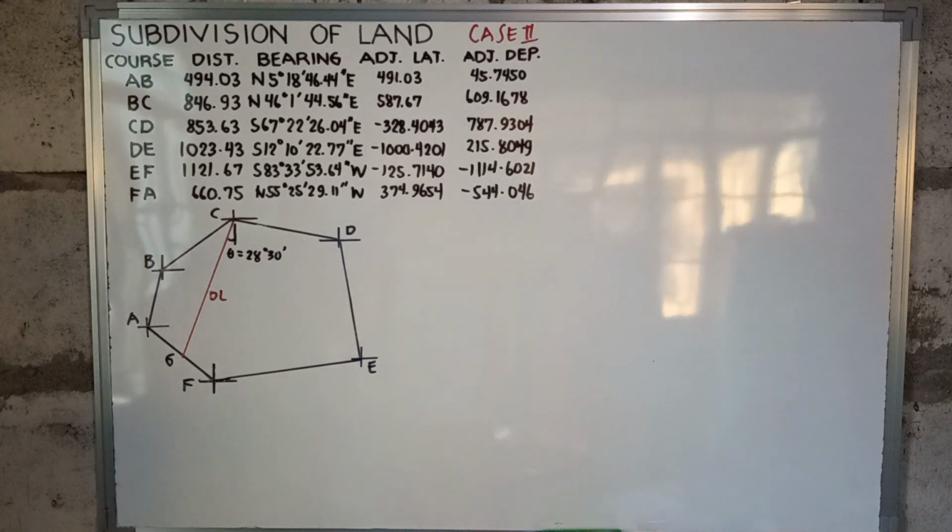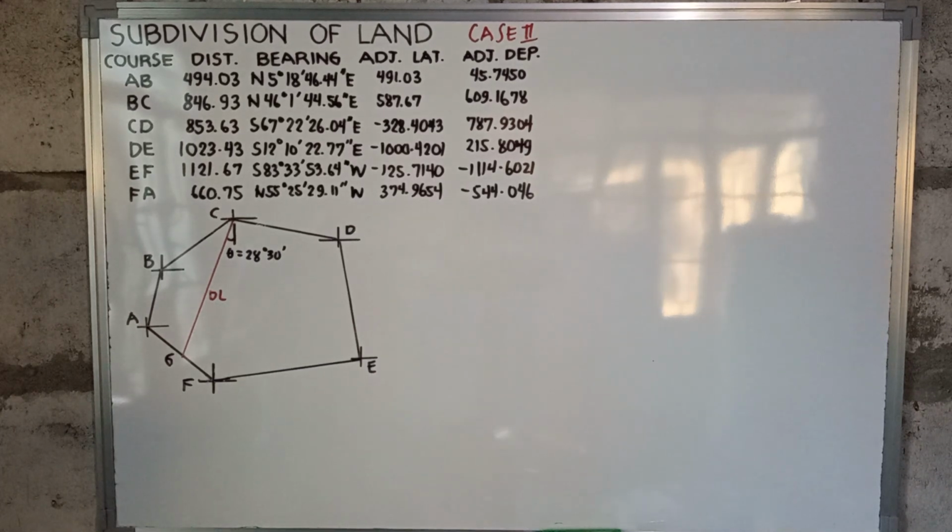So, para makuha natin yan, gagamit tayo ng cosine law tsaka sine law. So, kailangan tayong maka-form ng triangle, i-isolate natin yon, tapos masasolve na natin yung dividing line. So, kung matatandaan ninyo, sa omitted measurement, meron tayong tinatawag na closing line.